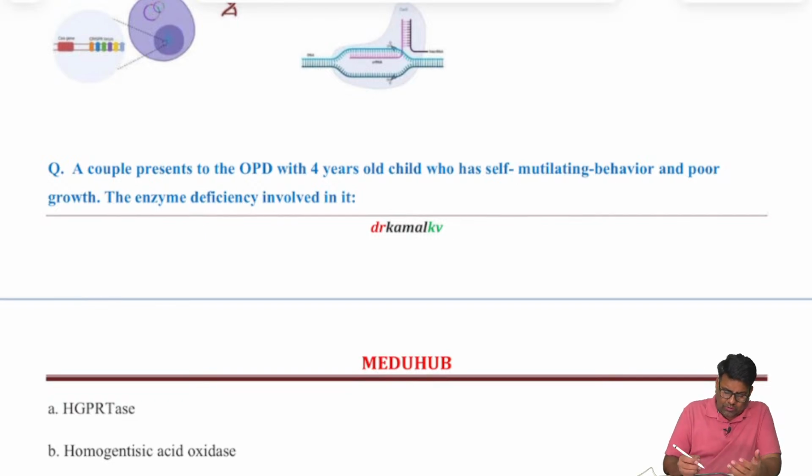Now, our next question was about a couple who is having a 4-year-old child, and now they complain that the child has self-mutilating behavior with poor growth.